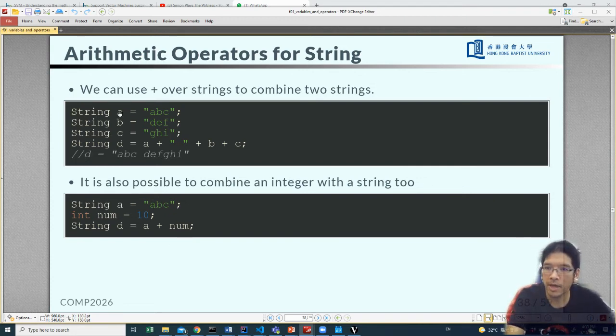Let's say string A, B, C equal to respective values. D equals A plus a space plus B plus C, which will effectively equal these strings. A string can also be combined with an integer as well. So for instance, this D will give you A, B, C, 1, 0, a 5-character string in D.